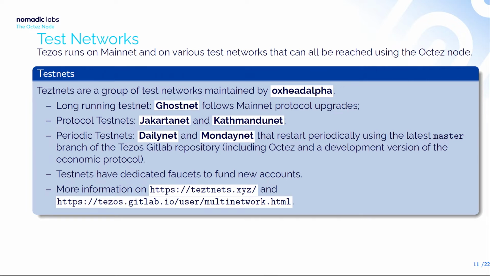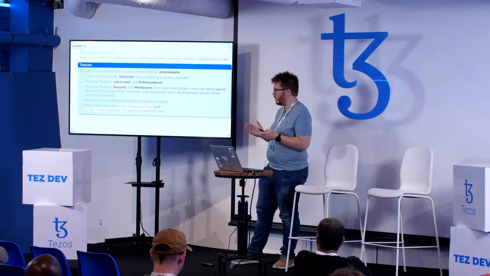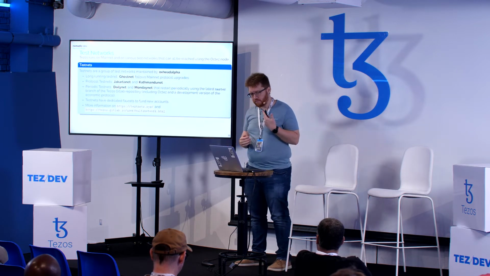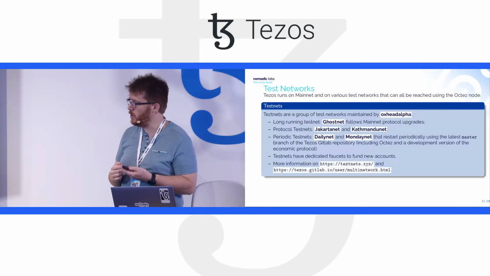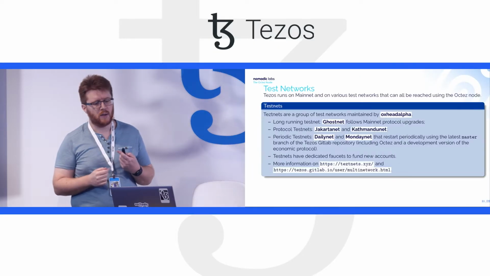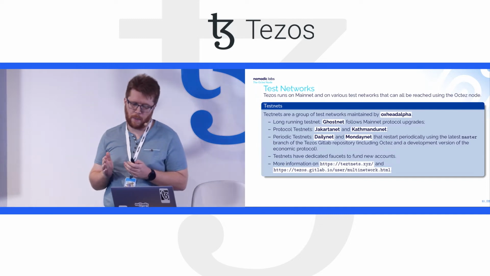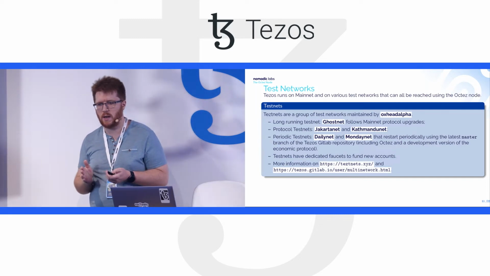They also provide protocol testnets, so that's testnets dedicated to one protocol. They won't upgrade their protocol. In particular, you can find JakartaNet or KathmanduNet. And there exist periodic testnets, DailyNet and MondayNet. Those restart periodically using the latest master branch of the Tezos GitLab repository.